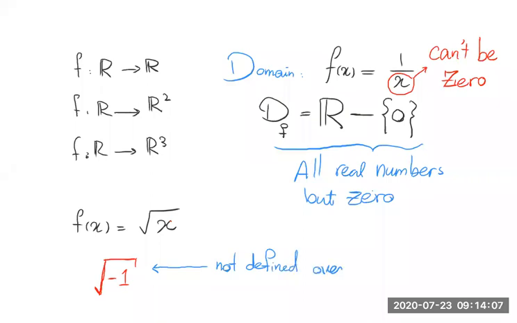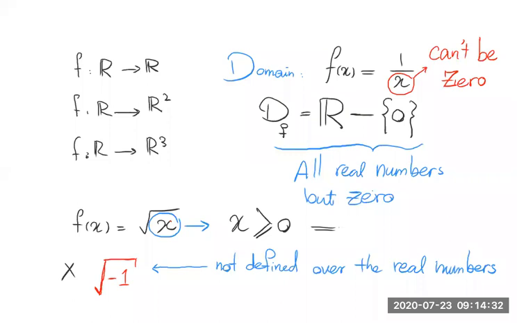Because in this course we are working over real numbers, this is not defined for us. So this is defined only if x is positive or 0. In other terms, it's greater than or equal to 0.